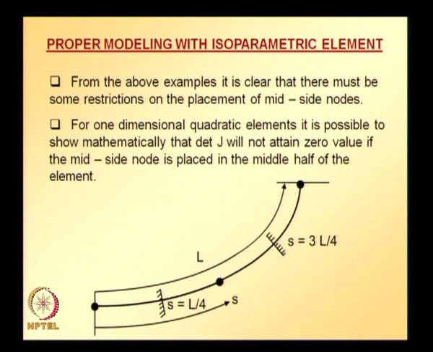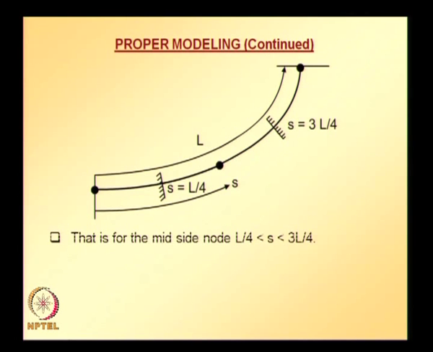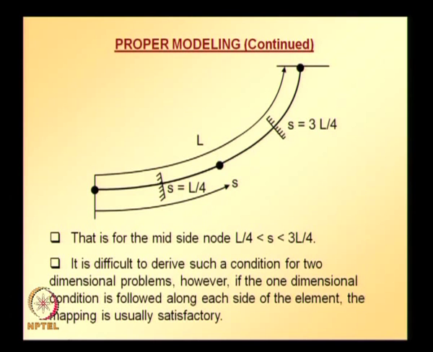The same thing we can extend to the 2 dimensional case. So the placement of the mid-side node should satisfy this condition: s should be between L over 4 and 3L over 4. It is difficult to derive such a condition for 2 dimensional problems.